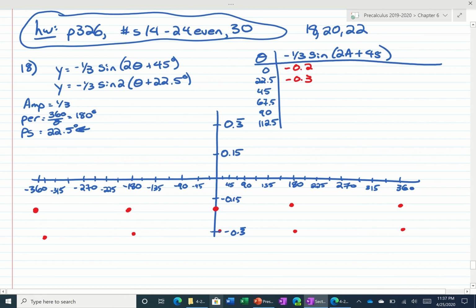All right, so now let's try 45. 45, I'm getting negative 0.2 again. Looks like it's going to start trying to come back up again. Try 67.5. Again, we're using these weird numbers because our phase shift was a weird number. And that looks like that's going to be 0.